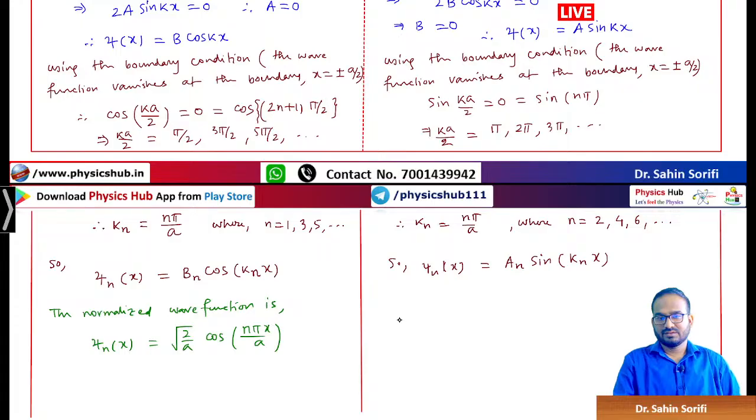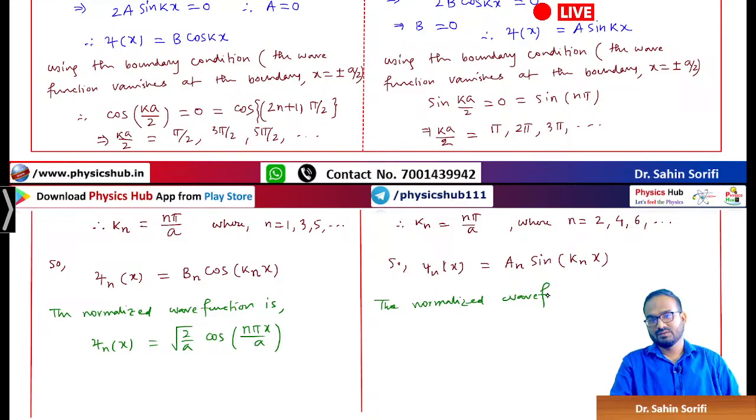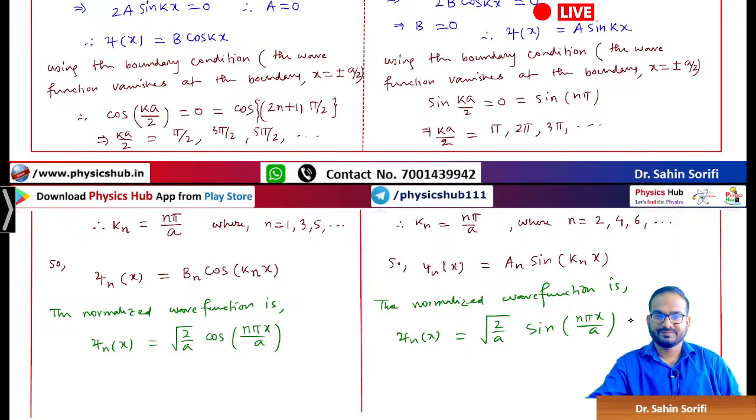Here the normalized wave function is psi n of x square root of 2 by a sin n pi x by a.